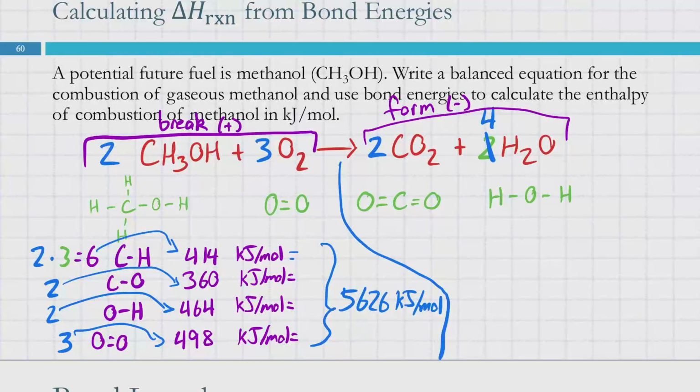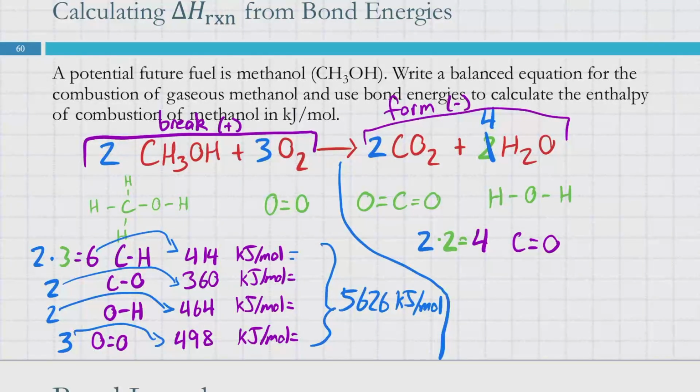And then on the product side, we have to count up our bonds. We've got 2 CO2 molecules. Each CO2 molecule has 2 carbon-oxygen double bonds. So coefficient of 2 times the 2 that's in each molecule. We've got a total of 4 C double bonded to oxygen bonds.